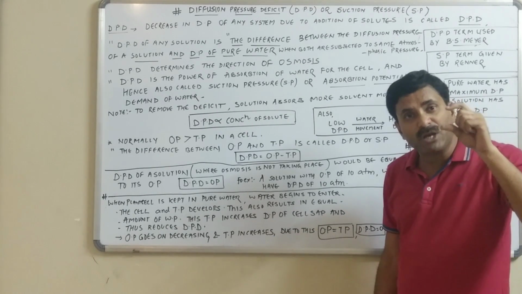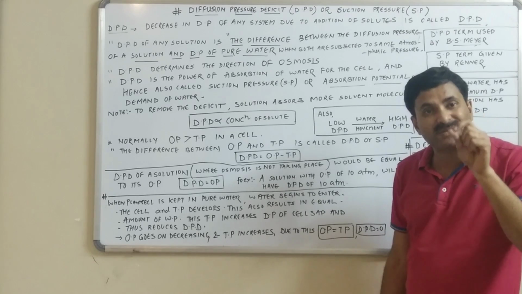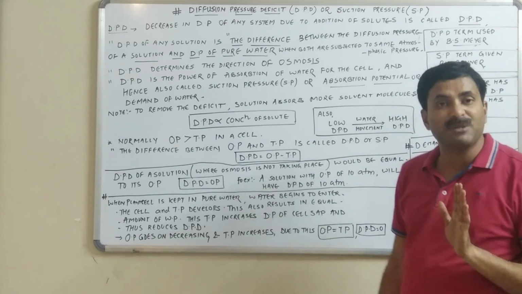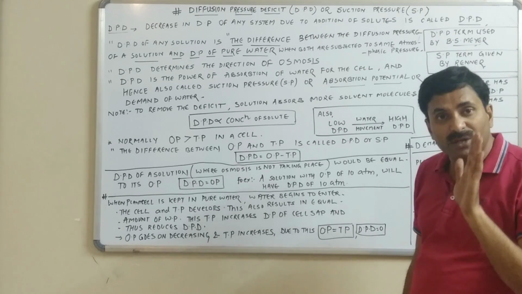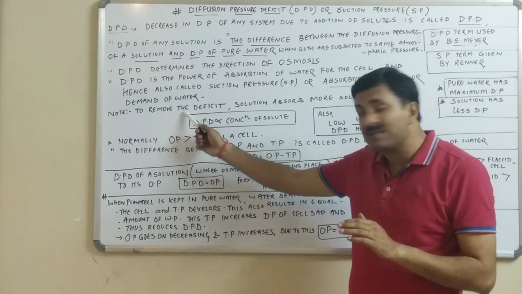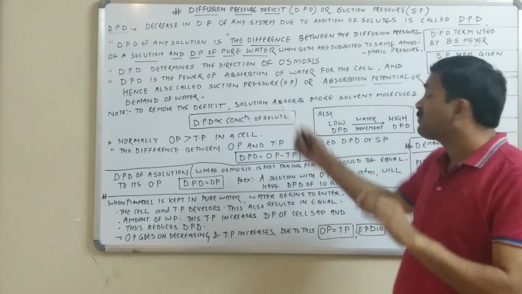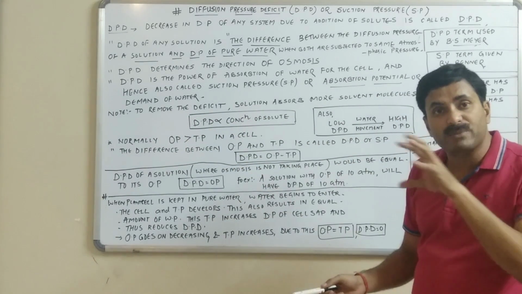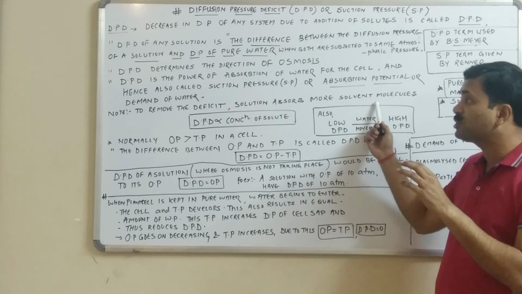Thus, the DP of pure water was highest. When we added the solute, the diffusion pressure became deficient, which was called the diffusion pressure deficit. Now what will a solution do to remove its deficit? To remove the deficit, the solution will absorb water molecules, that is, the solvent molecules.